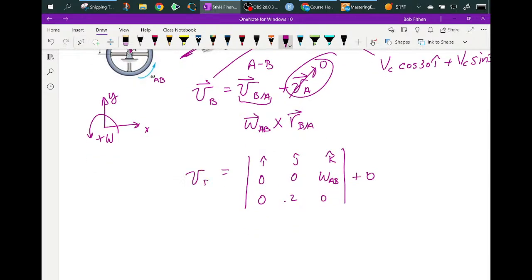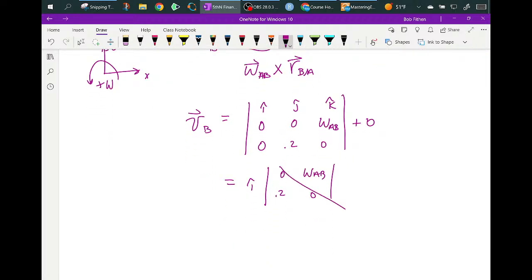So you'll get velocity of B being nothing more than, if I do a cofactor expansion and look at the determinant, I don't get anything, but I do with the I. 0.2 omega AB 0, which equals minus 0.2 omega AB I, and that's the velocity of B.